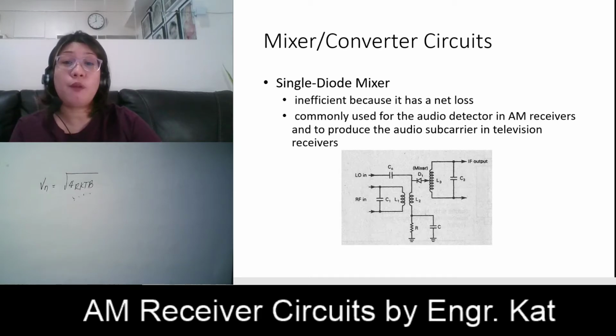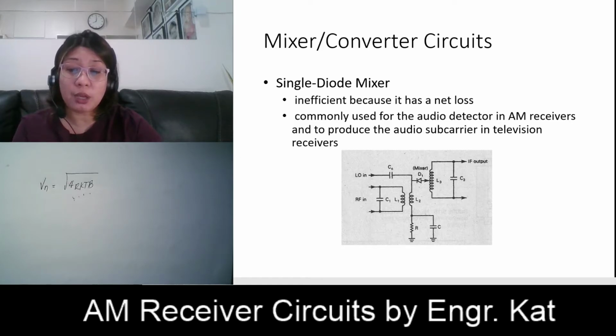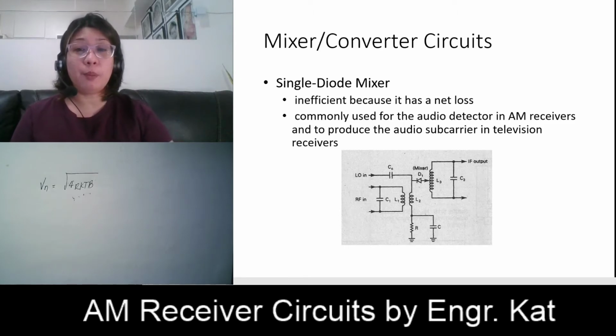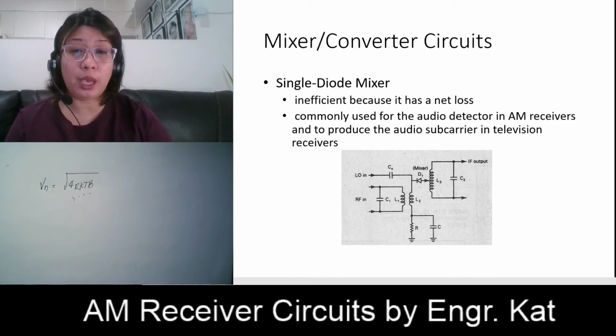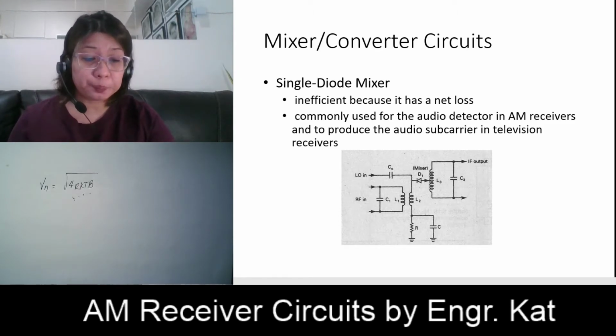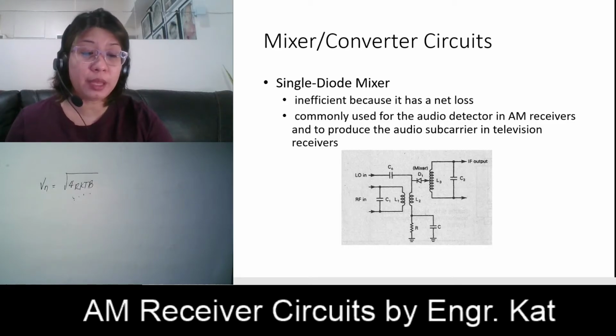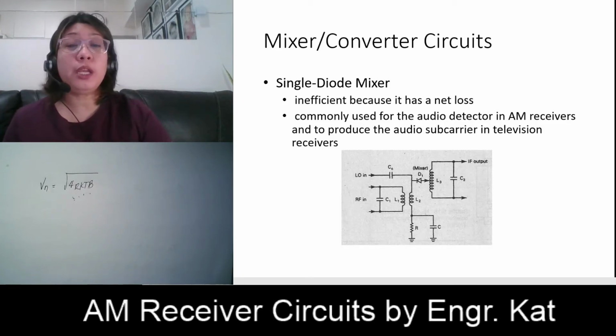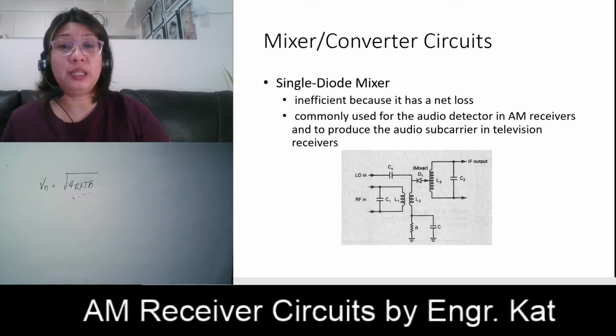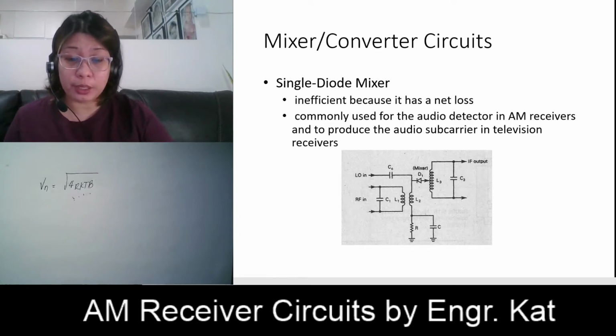Okay, and then they are being mixed by our nonlinear device, which is your diode. Since your diode is a nonlinear device, therefore it is capable of nonlinear mixing. So when we say nonlinear mixing, it produces sum and difference frequency, wherein your IF output here is the difference in the frequency.